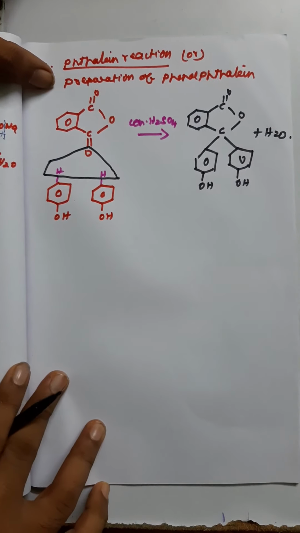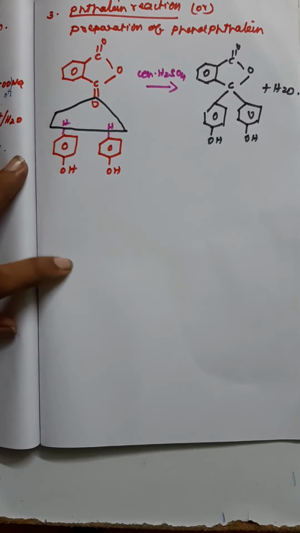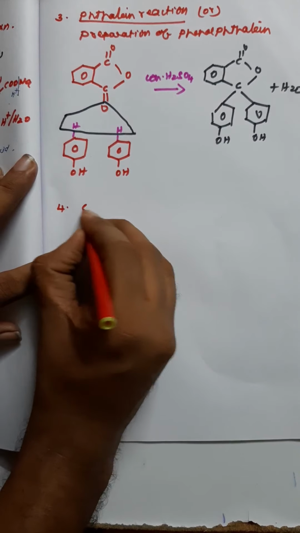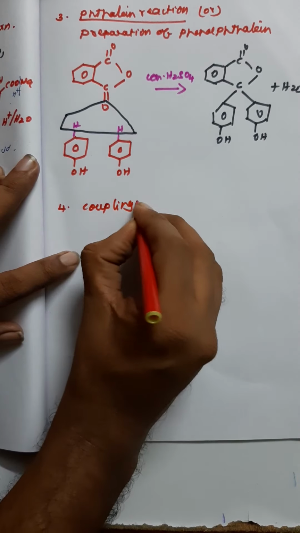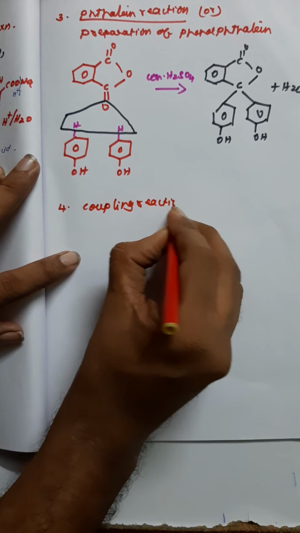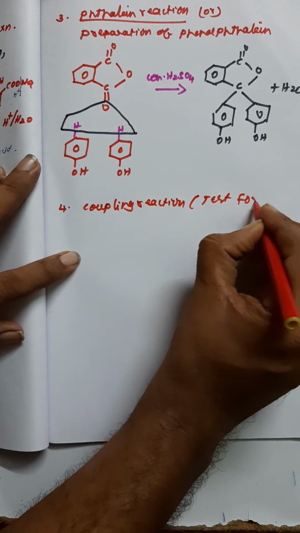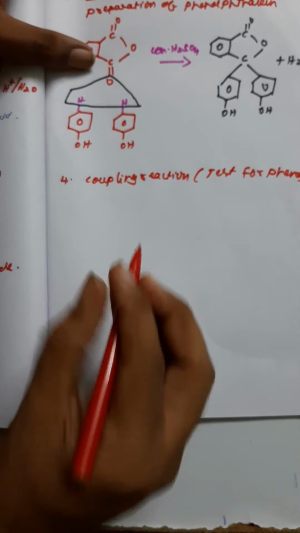The name of the reaction is the Thalein reaction or phthalein fusion test. Another reaction is also very important, that is the dye test or coupling reaction. This test is useful to identify phenol. You will do the test for phenol in your practical also.